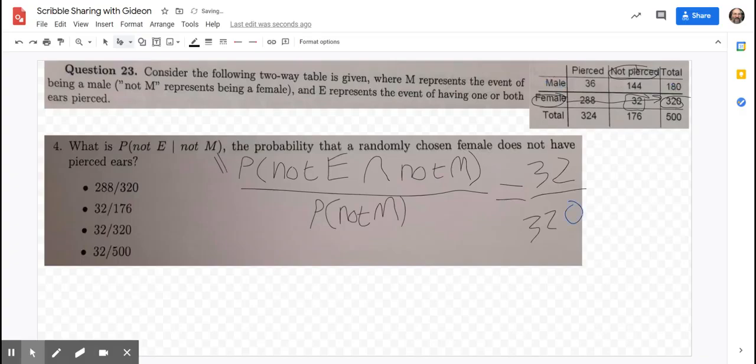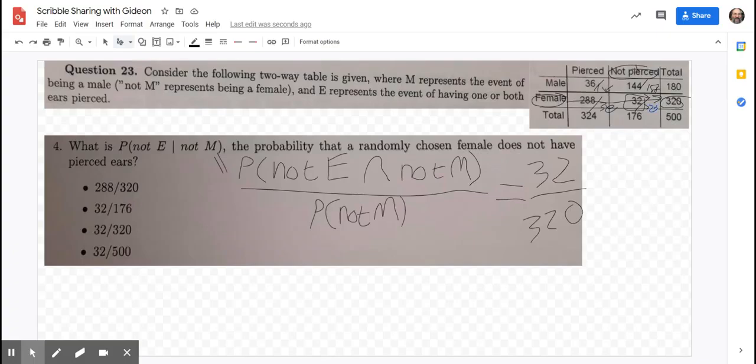If I was interested in knowing, hey, what's the comparative rate of not having piercings, comparing males and females, well, then I'd want to go ahead and figure out the percentages, right? I'd want to divide each one of these by 180, and I'd want to divide each one of these by 320, and I would get the decimals. Like just, I'll do the quick work here.